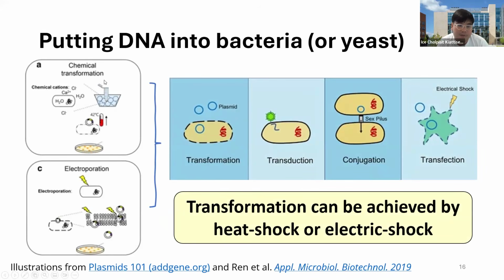For chemical transformation, we usually put some chemicals into the bacterial solution, then change the temperature to instigate the DNA being taken into the bacteria. Or we can use electricity to shock the bacteria so that they are stressed and make some pores in their membrane and then let the DNA get in. So these are two simple processes that can be used for putting DNA into bacteria.